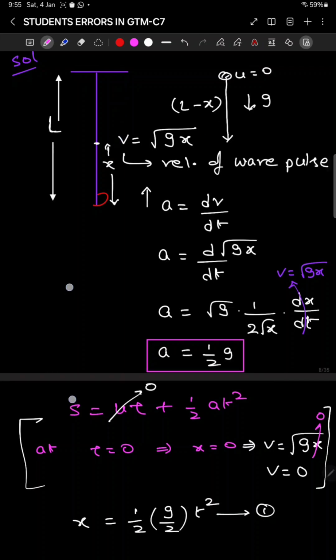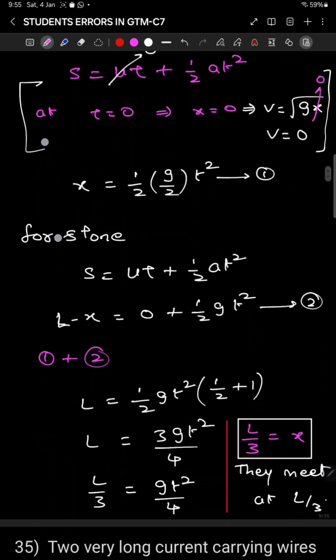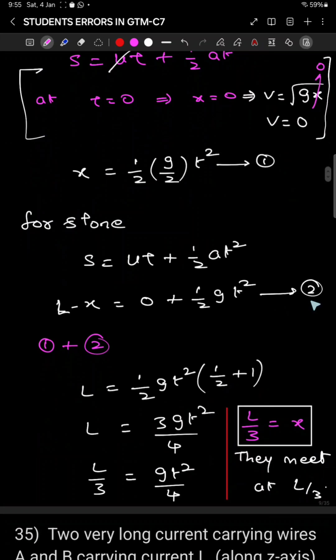So apply s equals ut plus half at squared for the freely falling body and we get one more equation. Now combine the two equations to find the t value. Substitute that t value to find x. You'll get x equal to L/3. That means the particle and the wave pulse meet at a height of L/3 from the bottom.